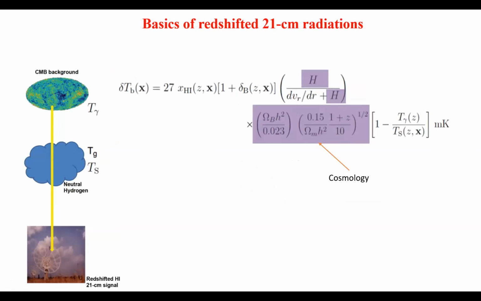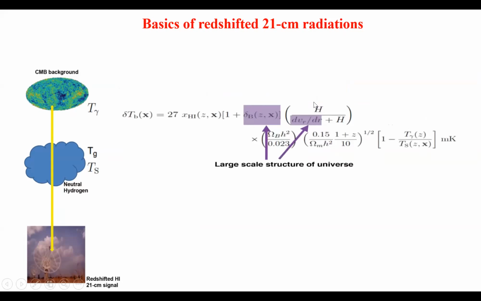Now you have already gone through the derivation of the differential brightness temperature, delta T_B, and it can be written in this form. It is a combination of many parameters you have already seen. It is a function of cosmological parameters like omega baryon, omega_B, the Hubble parameter H, and omega matter, which is the total dark matter and baryonic matter.